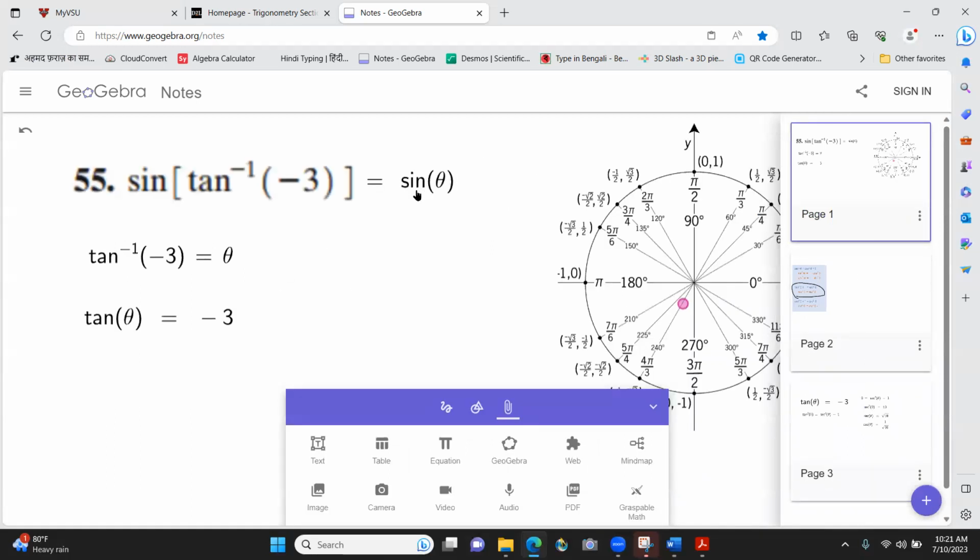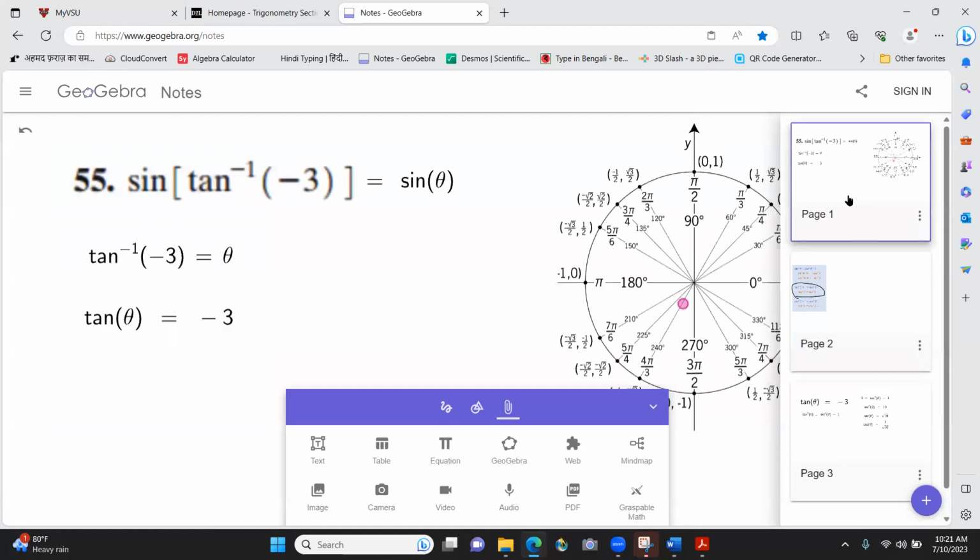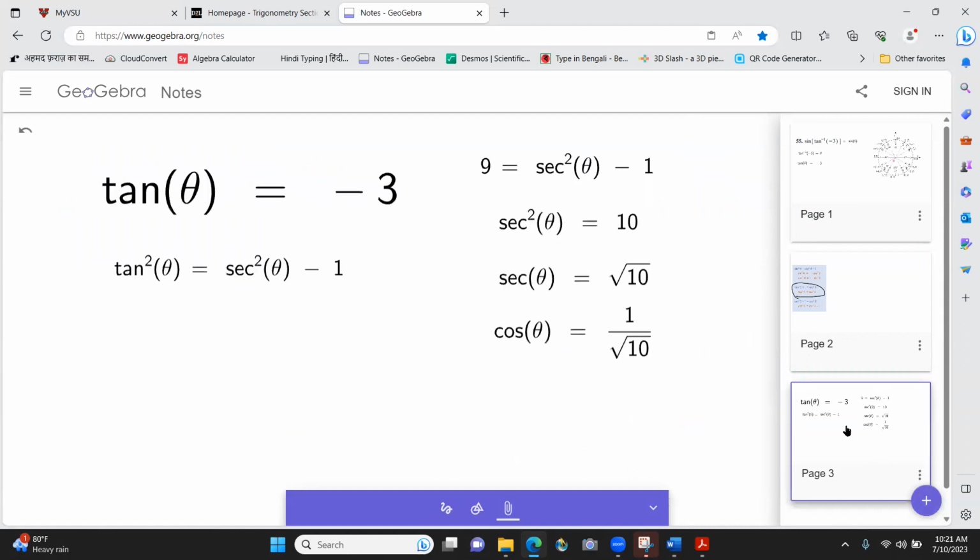Now, you can do this problem in 2 ways. One is you can use this first one. If you know sine, you can find cosine. If you know cosine, you can find sine. Or you can use the very definition of tan from the value of tan. And I'll do it the second way.